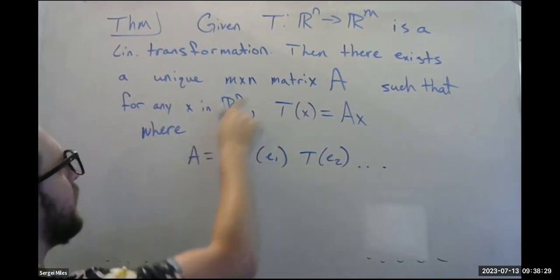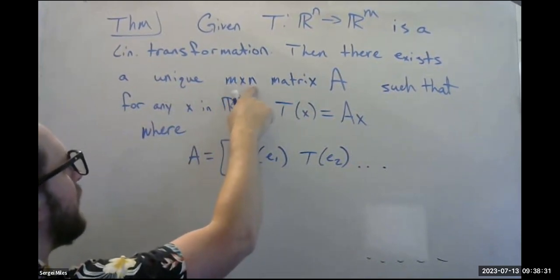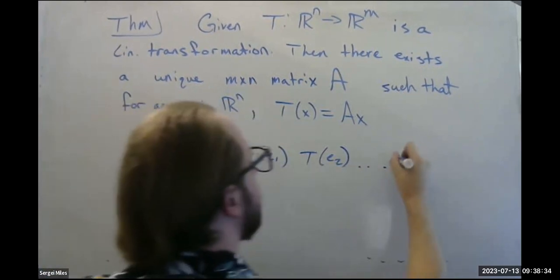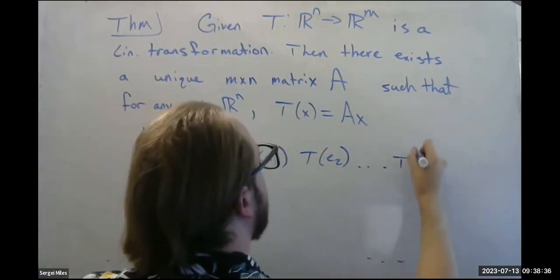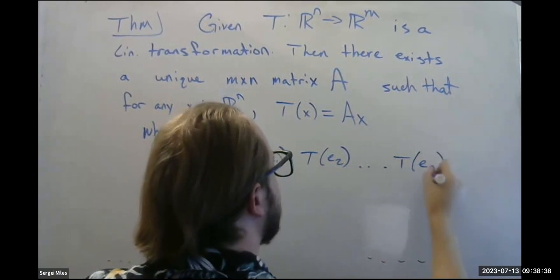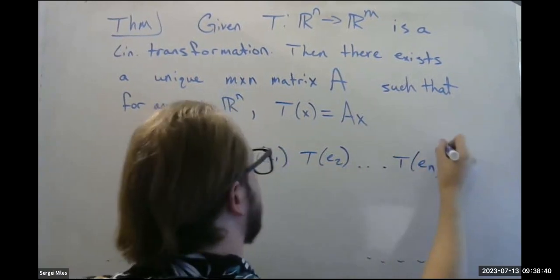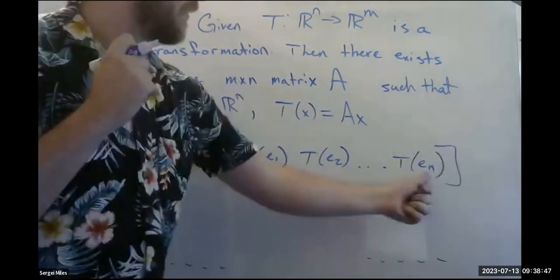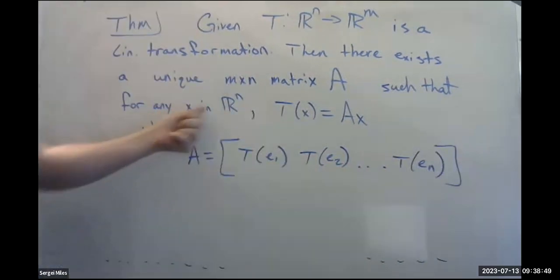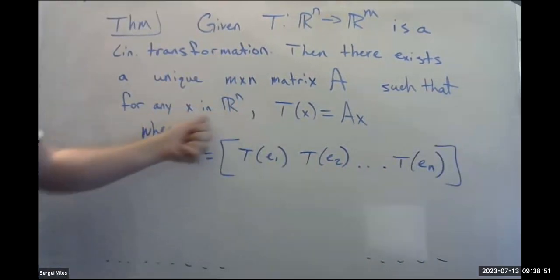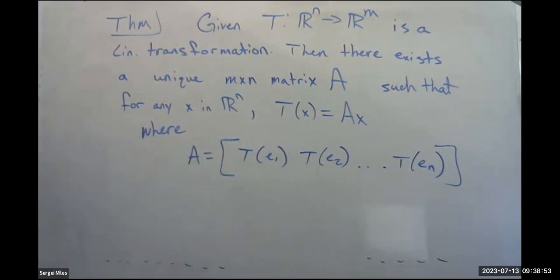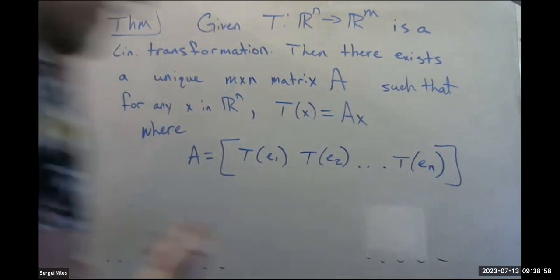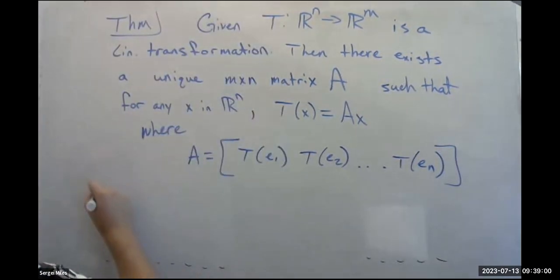Well, A is an m by n, so there are n columns. So you'll need to go up to En. Why? Well, these are the identity vectors associated with the space that x is inside of, so it has to be n of them. And we also know A has to have n columns. So that's where we're getting this formula.